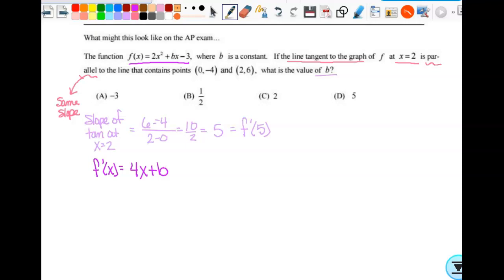It's 2. The line tangent to the graph at x equals 2. 5 is the slope of the tangent line. It's not the x value, okay? So I have this. What I want is f prime of 2 so I can get the y value, right? So f prime of 2 is going to be 8x plus b, right?